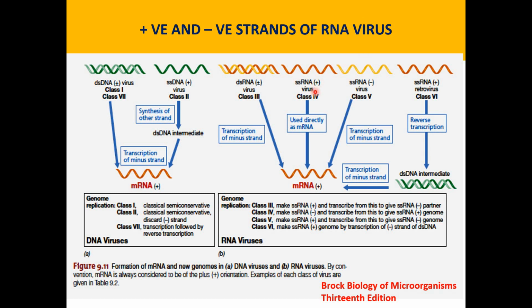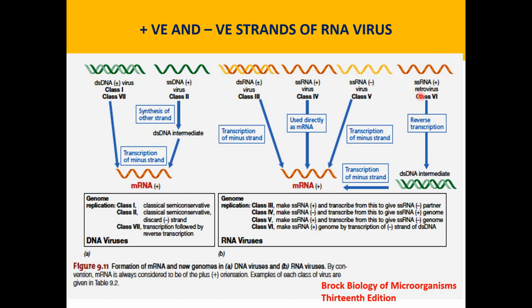In case of the single-stranded RNA, this is nothing but a positive strand of RNA, so it will directly go for the protein synthesis. And if the single-stranded RNA is a negative strand, then it will first be transformed into the positive mRNA, and then go for the protein synthesis.